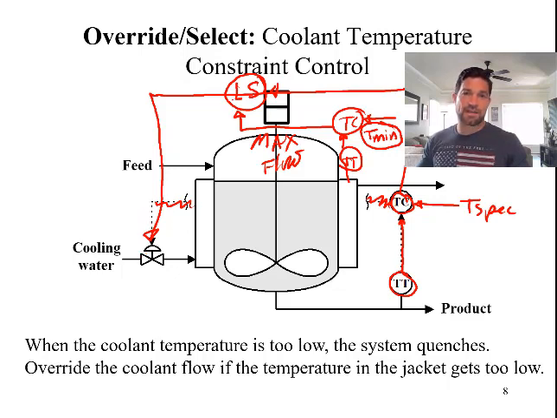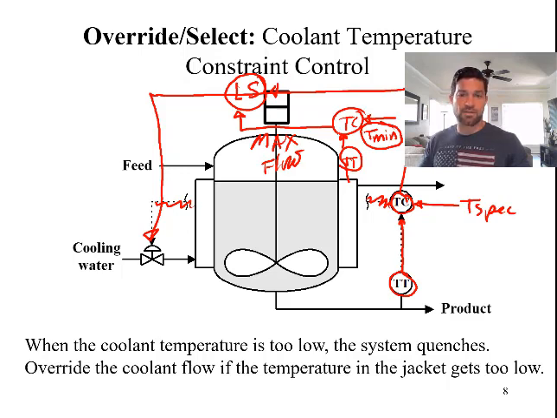We then have to determine, is it high select or low select? And we can determine that by looking at what the signal coming from the safety constraint loop is going to be in order to get the process to the safety constraint. And if that's a max flow, then we need a low select controller.